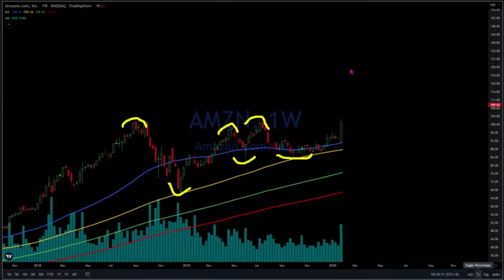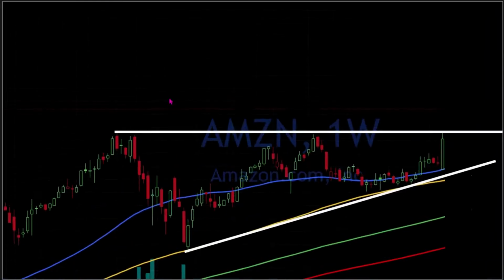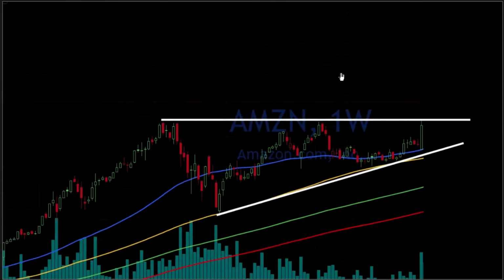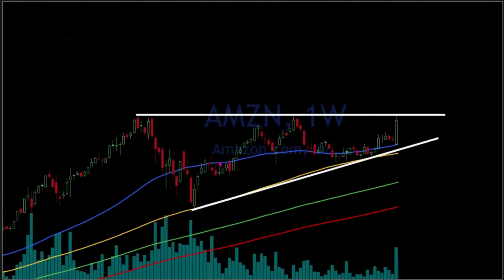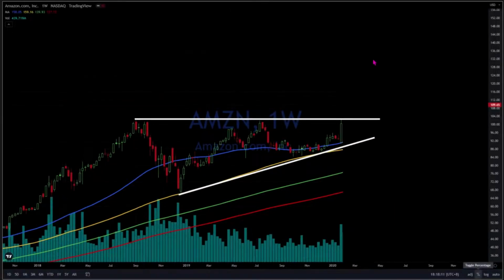So they call this an ascending triangle. There will be traders drawing these two lines here, which is very obvious. Amazon right here has a very recognizable pattern, right? And the price has been hovering above the 50 moving average.